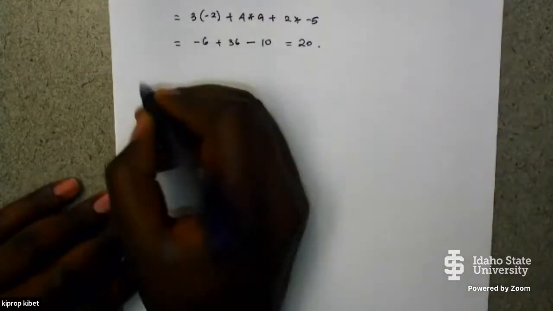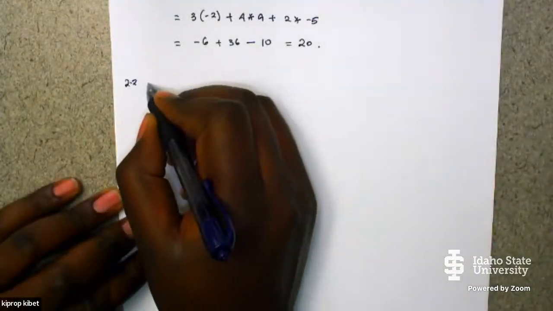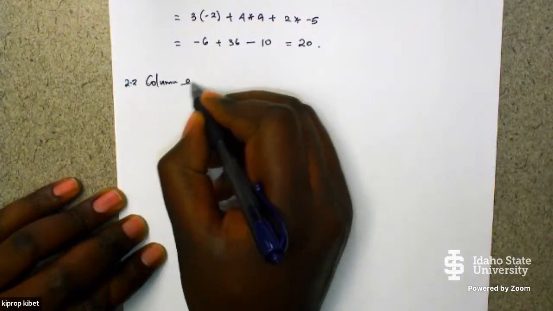Now, again, we can use the column, 2.2, column expansion.